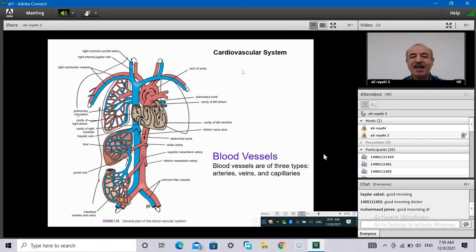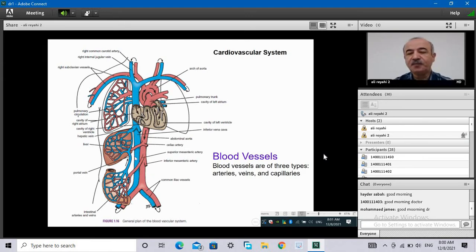The other name of the cardiovascular system is the circulatory system. You know that the blood is circulated within the vessels by the pressure formed by the heart.